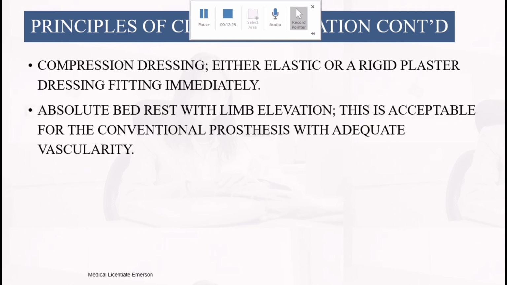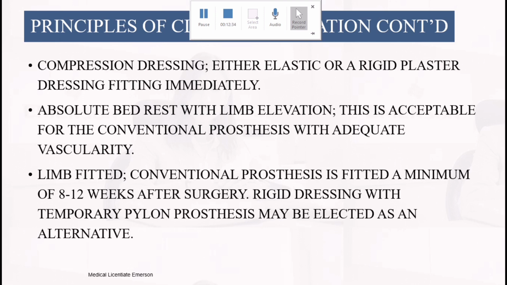Then absolute bed rest is required with limb elevation, so this is acceptable for the conventional prosthesis with adequate vascularity. Then the conventional prosthesis is fitted a minimum of 8 to 12 weeks after surgery. Then rigid dressing with temporary pylon prosthesis may be elected as an alternative.